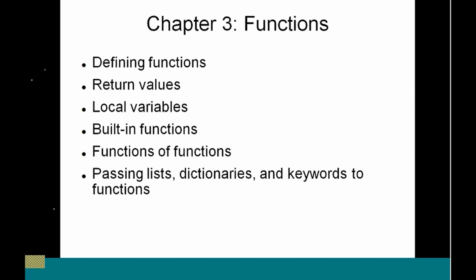We already saw some of the basics of functions, and then we also see how to do return values, local variables, which we will cover once again with scope, and some built-in functions, some functions of functions, and how we pass lists, dictionaries and keywords into the function. So let's begin.